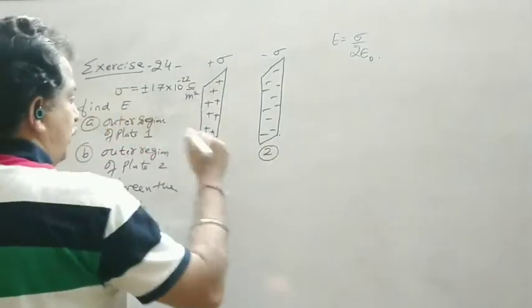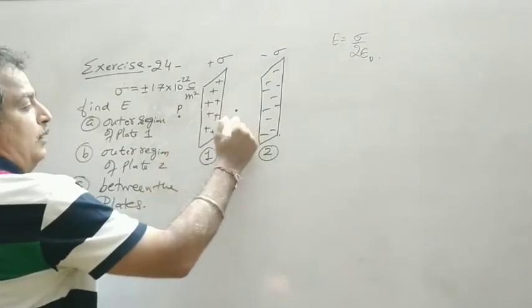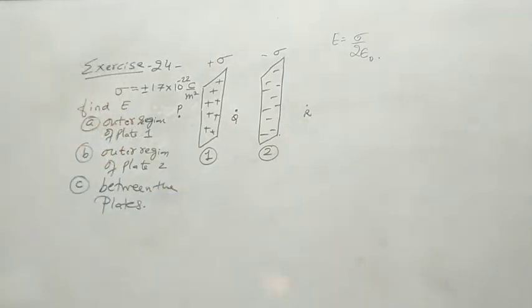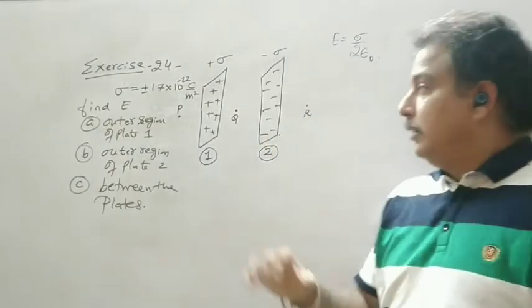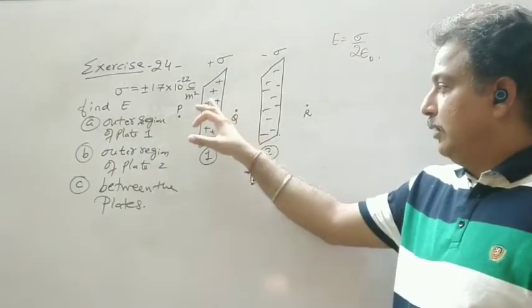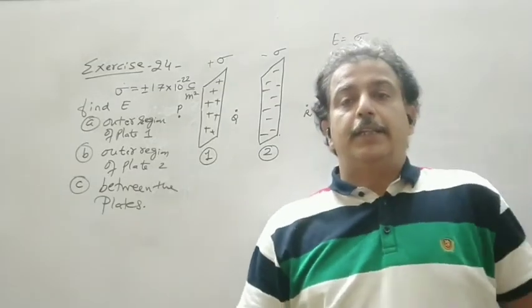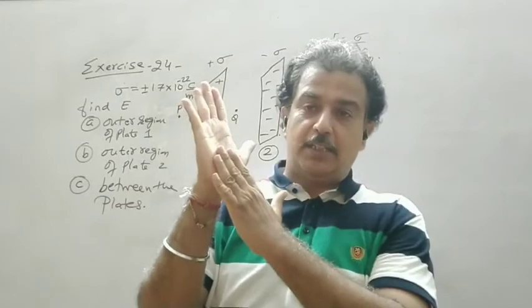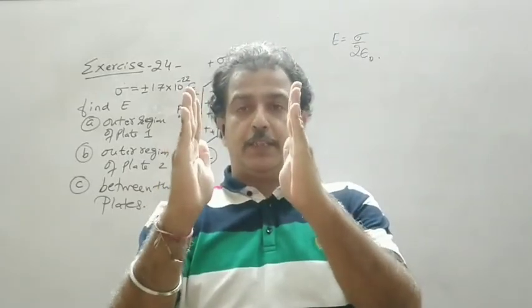So let us give the points: this is point P, point Q, and point R. It is given that the plates have the charge on the inner side. One plate is positively charged, this is negatively charged, and we have kept them parallel to each other.